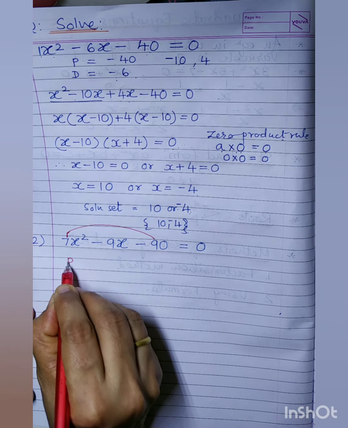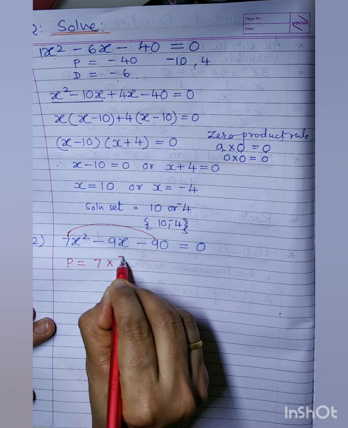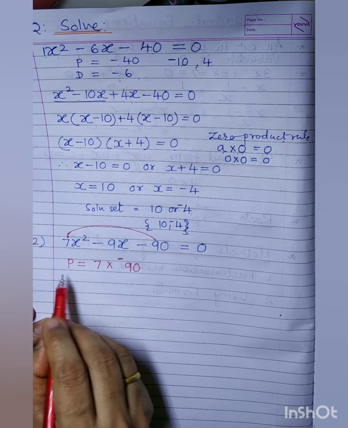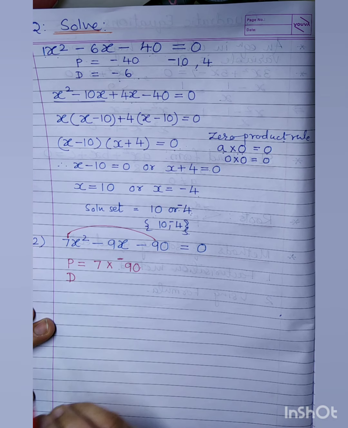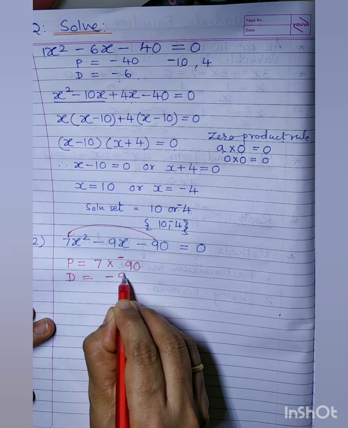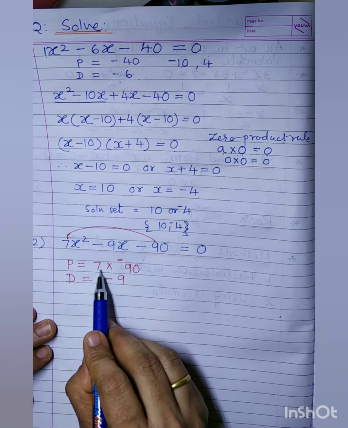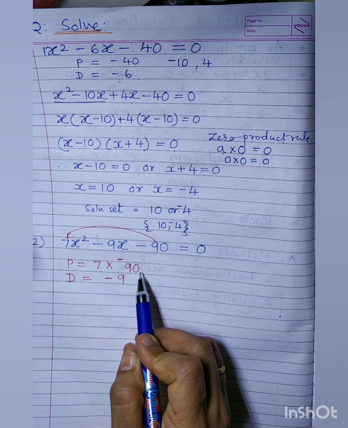What is the product here? 7 multiplied by minus 90 here. Since the product is going to be minus, what are we finding here again? Difference. What is the difference going to be? Minus 9. Okay. Now 7 nines are 63 and then 630, like this way you can find.